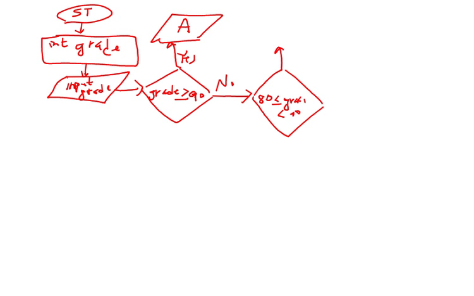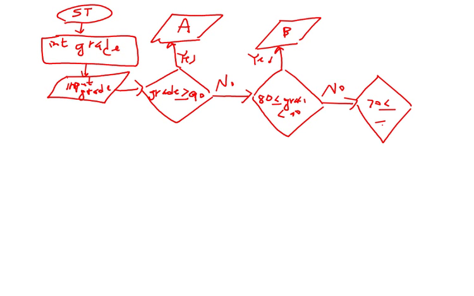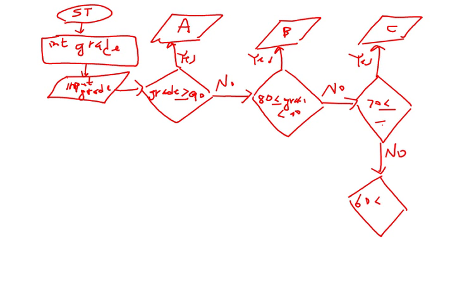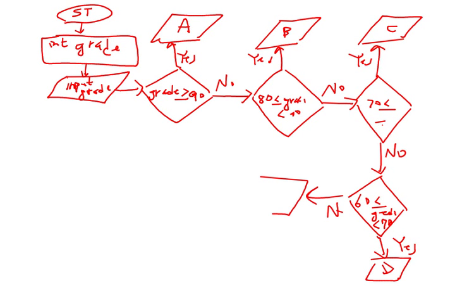If it was, we output B. If it's not, we checked whether it was 70 or more, and output C. If not, we checked whether it was 60 less than or equal to grade, less than 70. If it was, a D, otherwise it was an F.